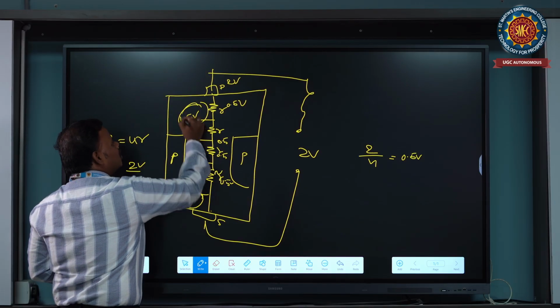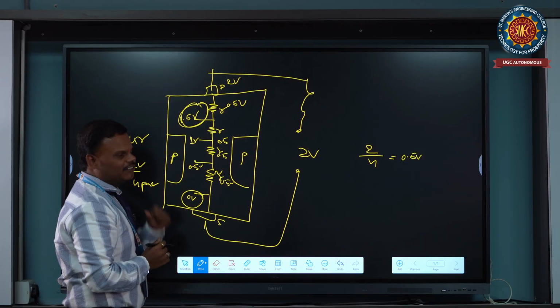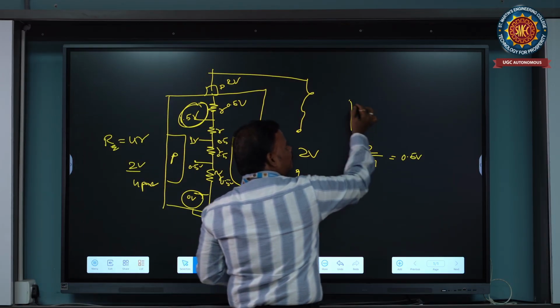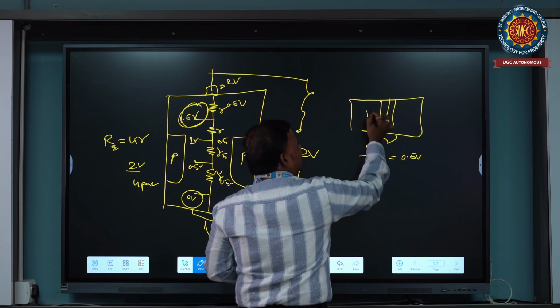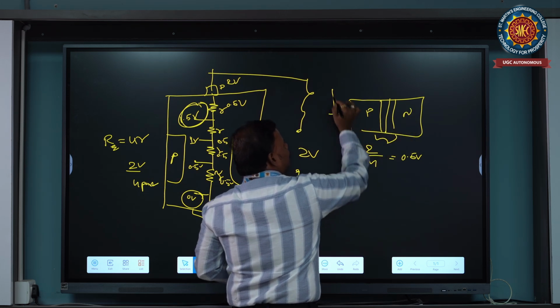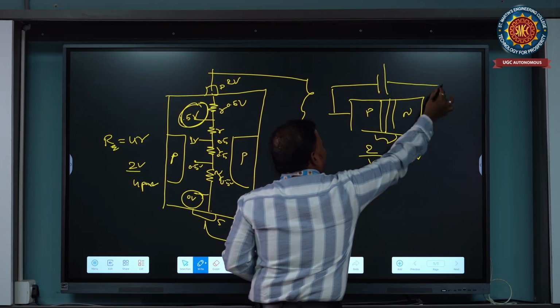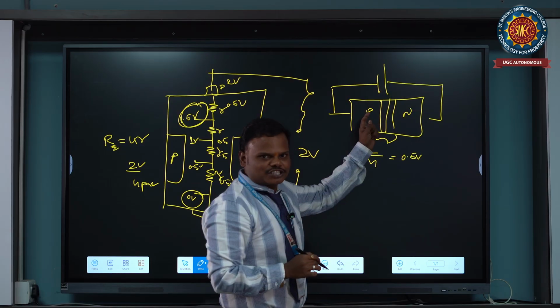If we consider a PN junction diode, the width of the depletion region depends on the applied reverse bias voltage.